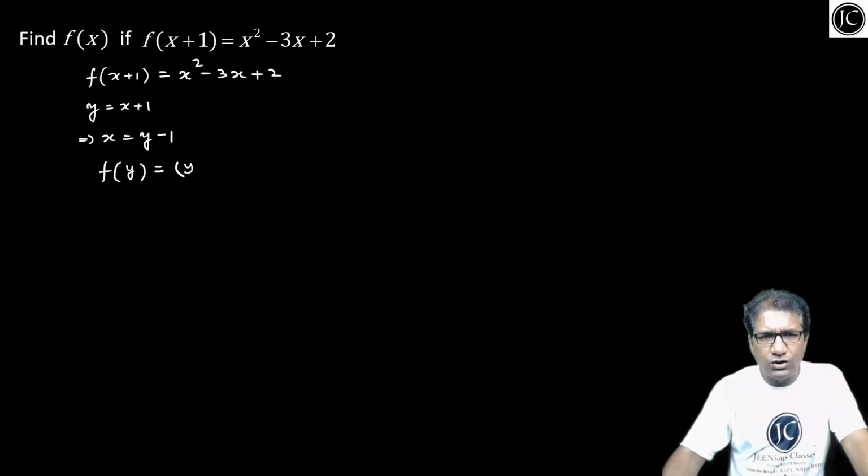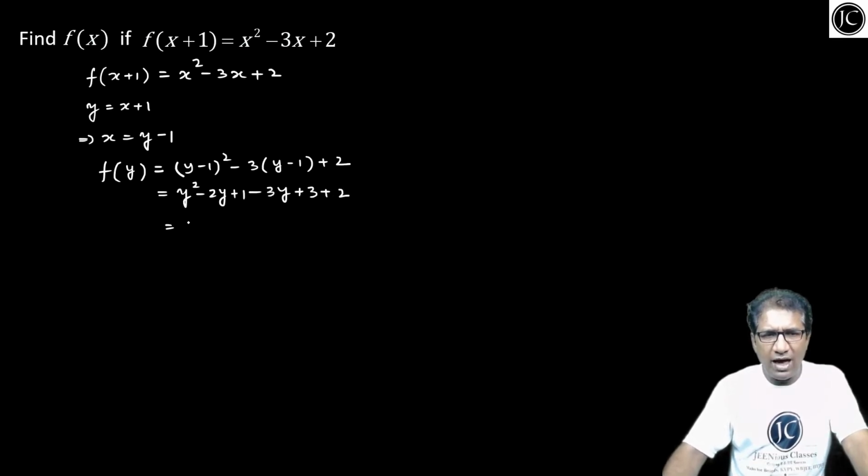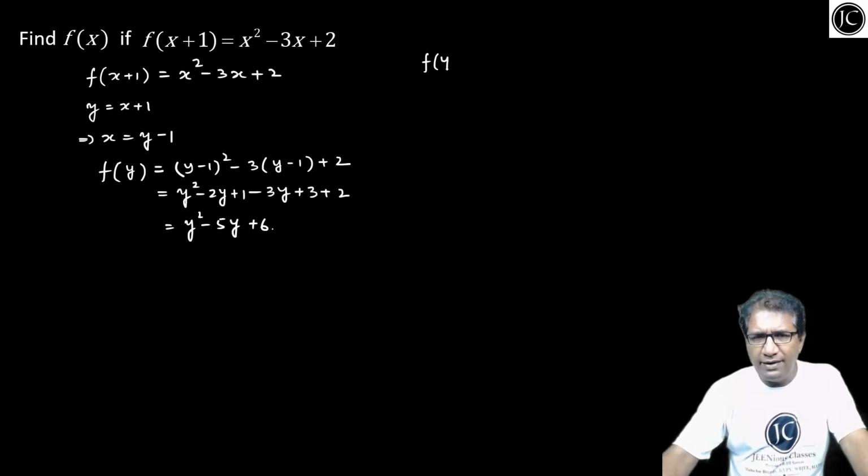If y equals to, so if I open the brackets, we are going to have here, so what we got actually is fy is y square minus 5y plus 6.